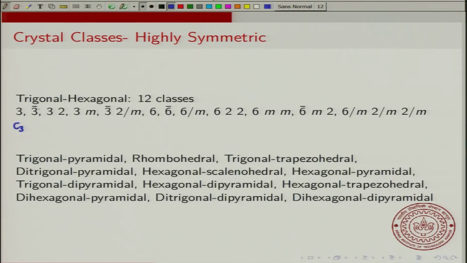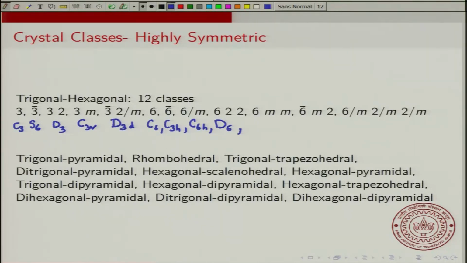This is actually C3i, which is S6. Then you have D3, and you have D3d. 3m corresponds to C3v. 6 is just C6, and 6 bar is actually denoted as C3h, and 6/m is denoted as C6h. 622 is denoted as D6.